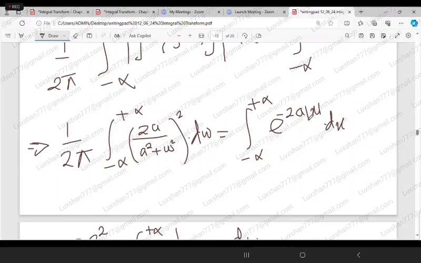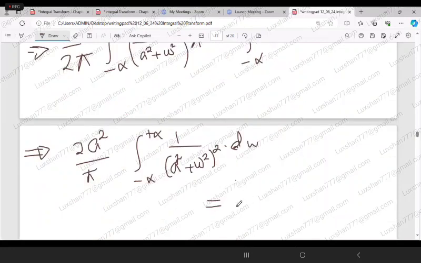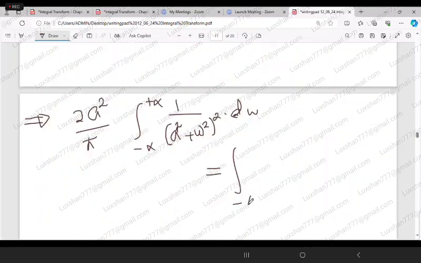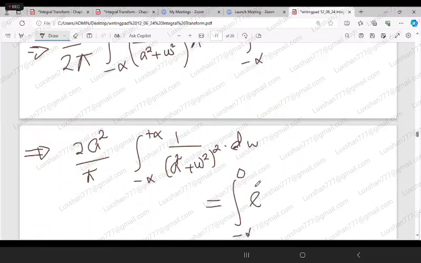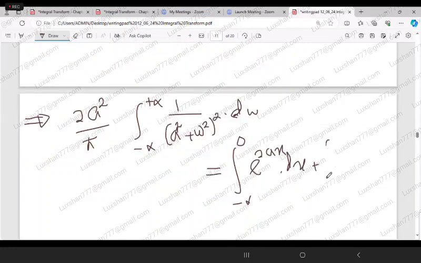So how can I write this integration actually? I can split this integration: minus infinity to 0, in that case I will have e to the power 2ax because x is negative, it is minus x, plus 0 to infinity e to the power minus 2ax.